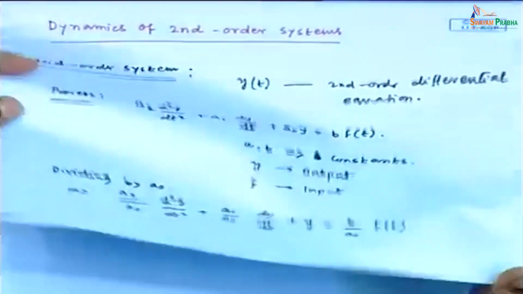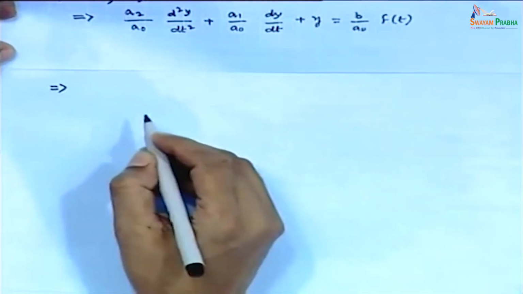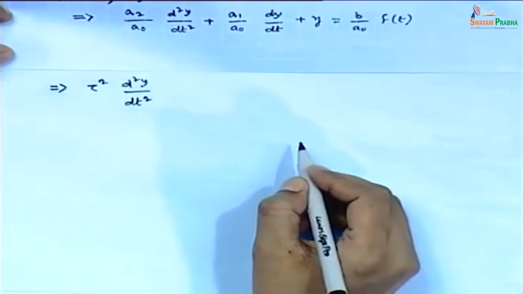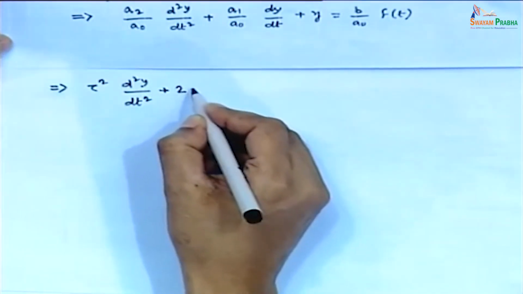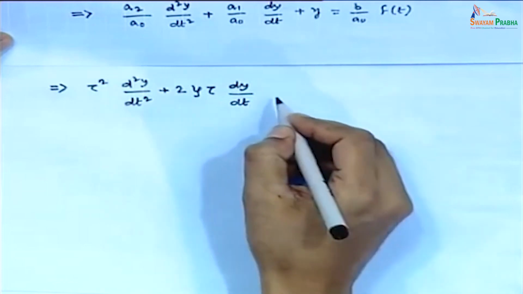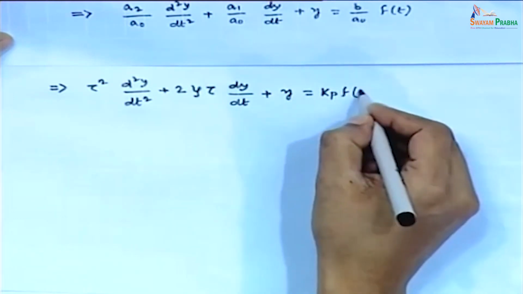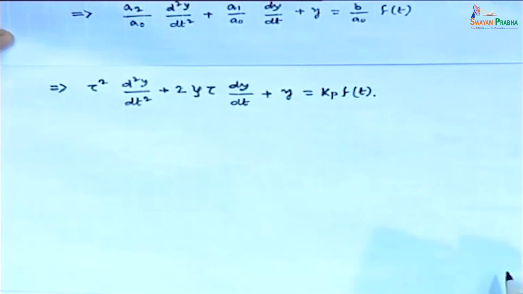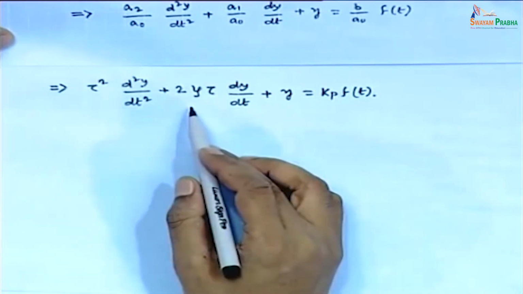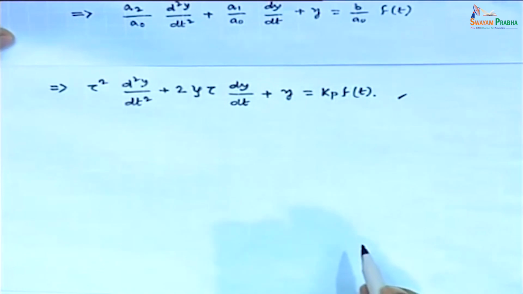Now, we will represent this equation by this form: tau square d2y/dt square plus 2 zeta tau dy/dt plus y equals Kp f(t).